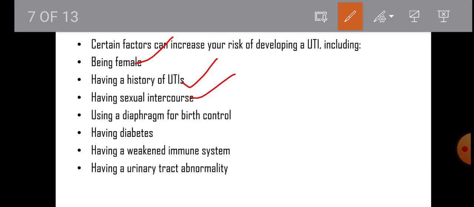Having sexual intercourse, using a diaphragm for birth control, having diabetes, having a weakened immune system, having urinary tract abnormality. So these are all considered to be the risk factors for developing UTI.